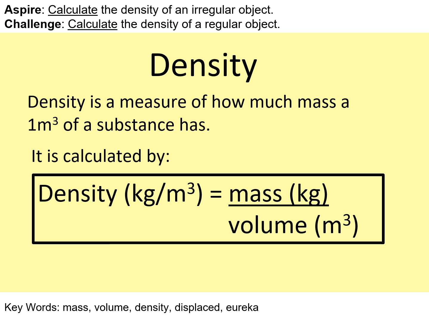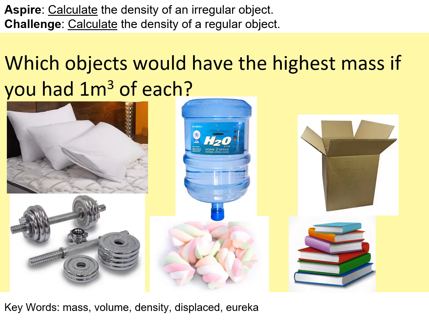If you can remember that kilograms is the unit for mass, and then meters cubed is the unit for volume, because that slash just means divide. So it's kilograms, which is mass, divided by volume, which is meters cubed. All right, it just gives you a helpful hint. So that's how you work out the density of an object.